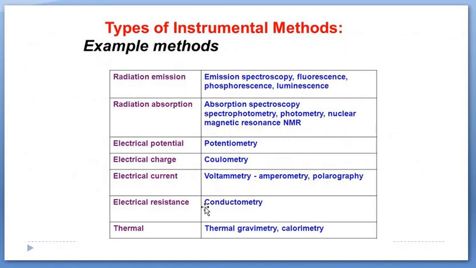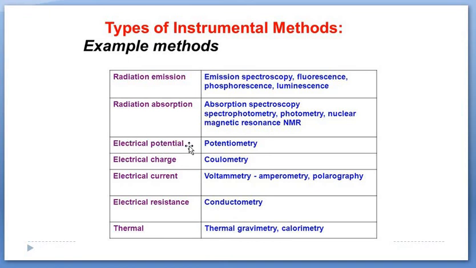Types of instrumental methods. Radiation emission: emission spectroscopy, fluorescence, phosphorescence, luminescence are used. Radiation absorption: the methods are absorption spectroscopy, spectrophotometry, photometry, nuclear magnetic resonance.